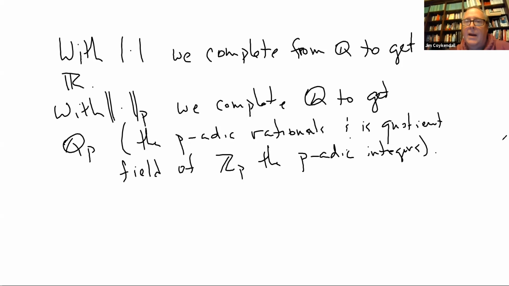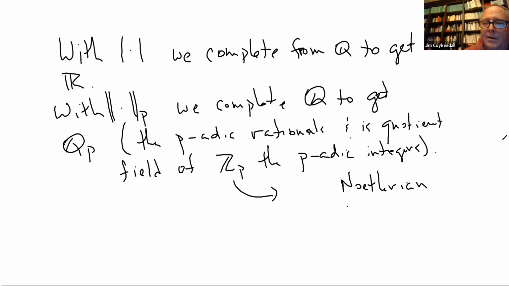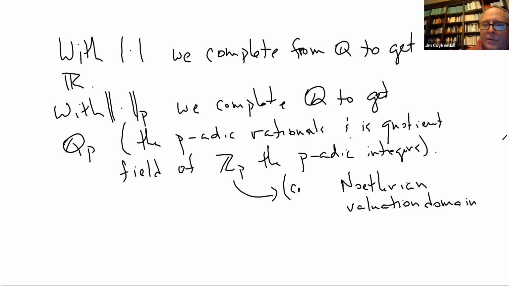What are the p-adic integers then? Well, the p-adic integers are a Noetherian valuation domain, and complete.